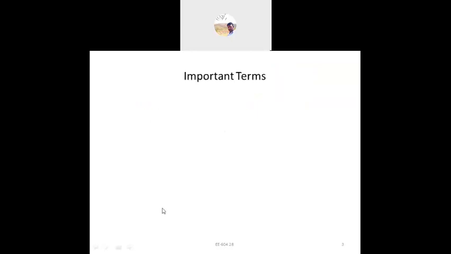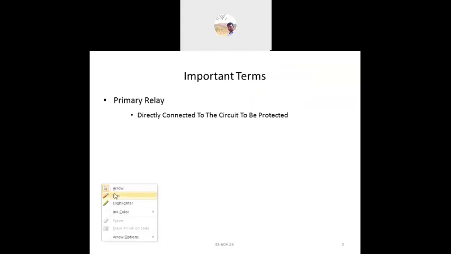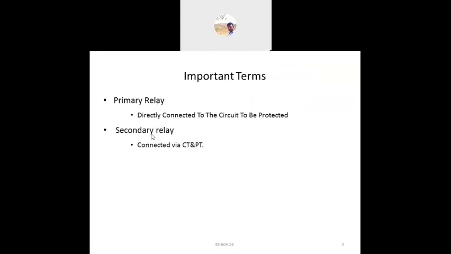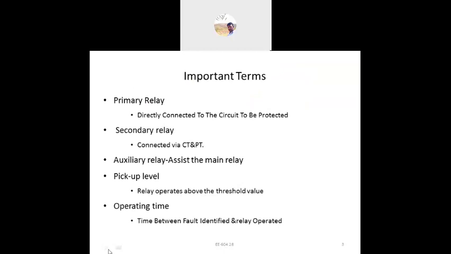Some of the terms we need to know about the relay: primary relay, secondary relay, auxiliary relay, pickup level, and operating time. Let me discuss each one. The primary relay is directly connected to the protective system.